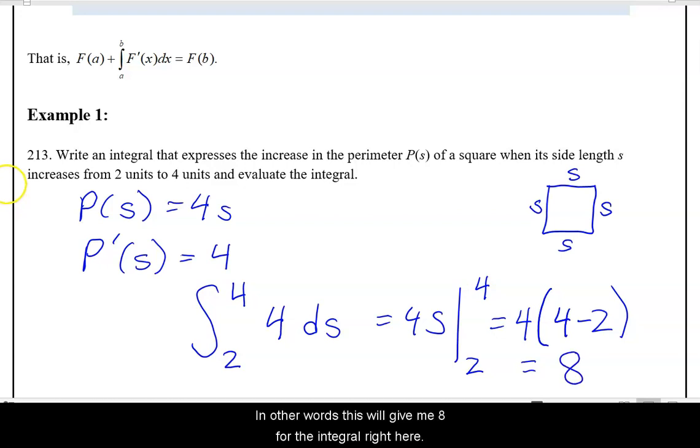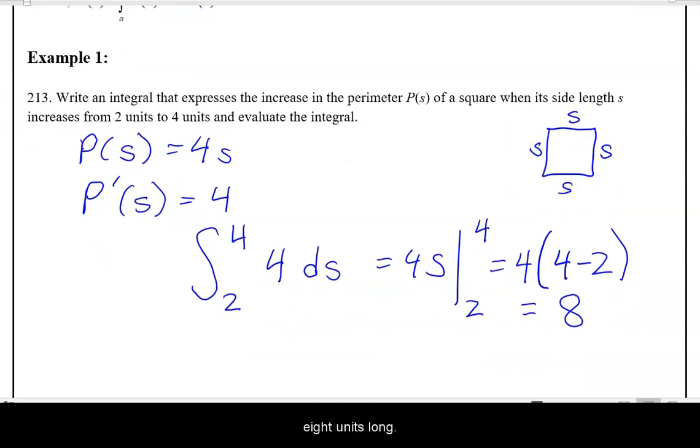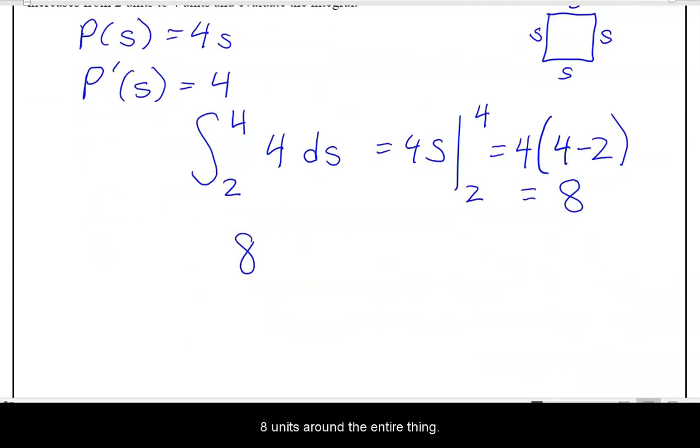In other words, this will give me 8 for the integral right here. Now, to know what the new perimeter is, I need to find the original perimeter. Since it was originally 2 units on each side, then 2 times 4 would tell me that it was originally 8 units around the entire thing.